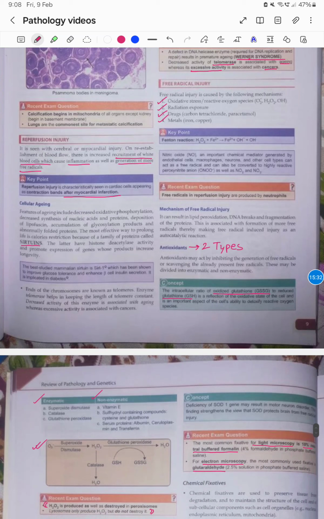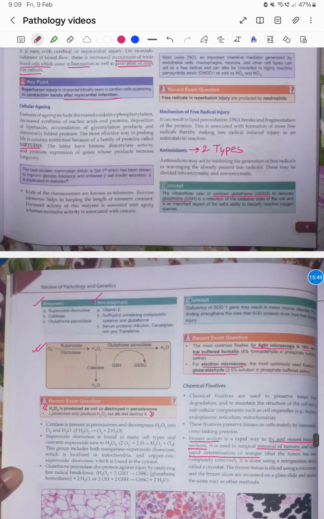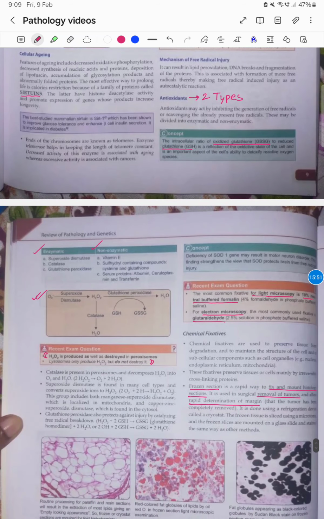Now, free radical injury. It occurs via four mechanisms: oxidative stress or reactive oxygen species, radiation exposure, drugs like carbon tetrachloride, paracetamol, and metals like iron, copper. To prevent it, there are antioxidants.